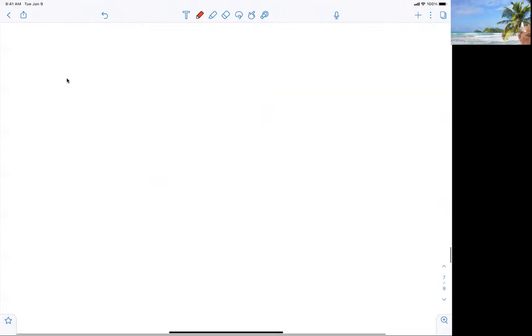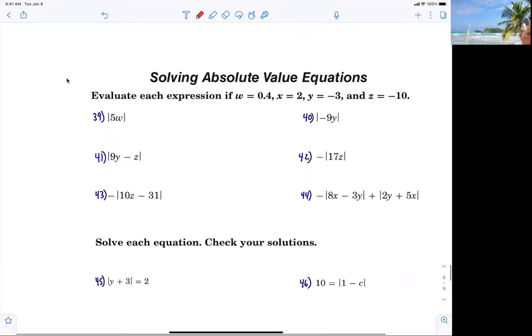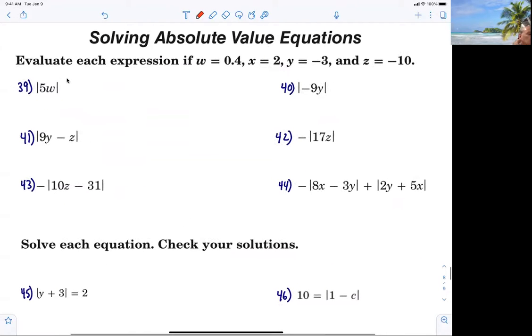All right, here we go. Now, last year, some of the kids had trouble with absolute values, so I just added some extra problems on. Again, this is all just mental math. 39, 41, and 43 are mental. What's 5 times W?